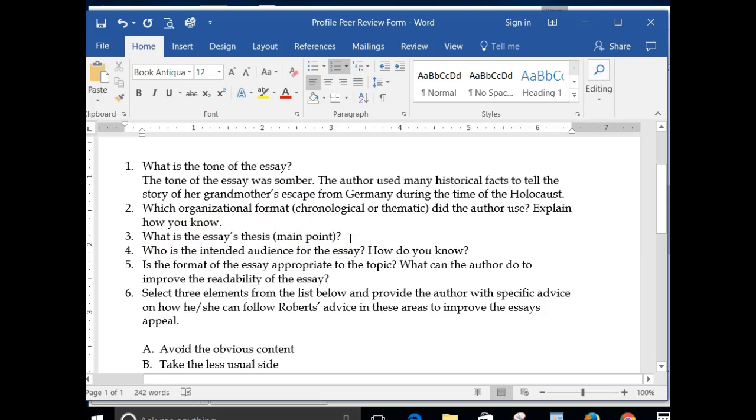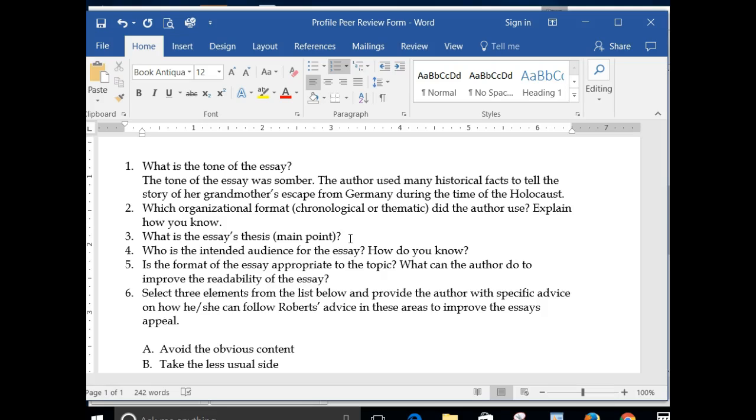Then what is the essay's thesis? Now I'm not so much, and I put in parentheses main point, I'm not so much looking that you can identify a hardcore thesis, but what I want you to be able to do is when you've read through the essay, say, oh, okay, this essay was about. So we want an essay that's not just about grandma, but about something important, okay?